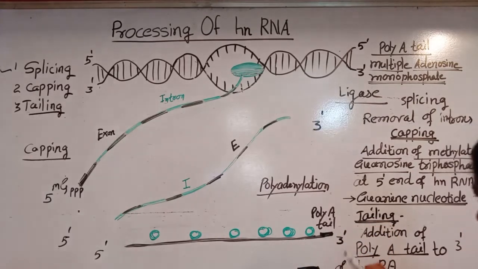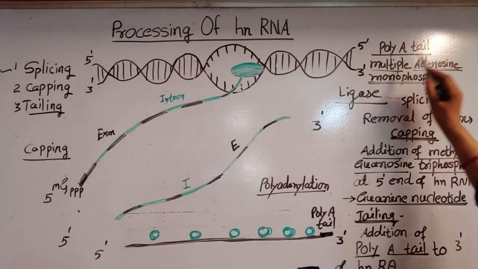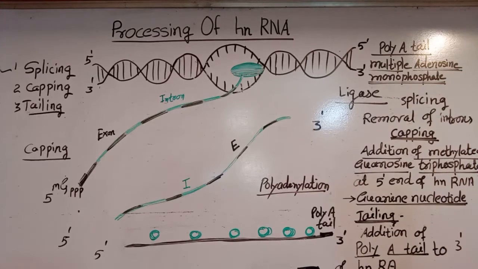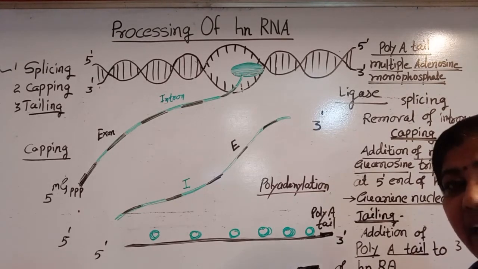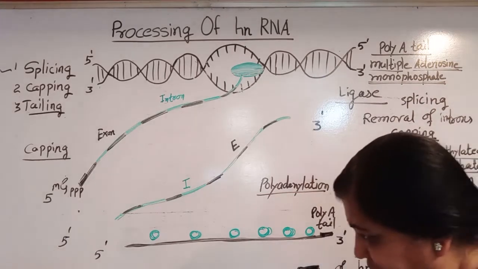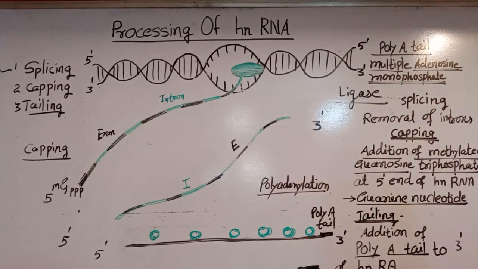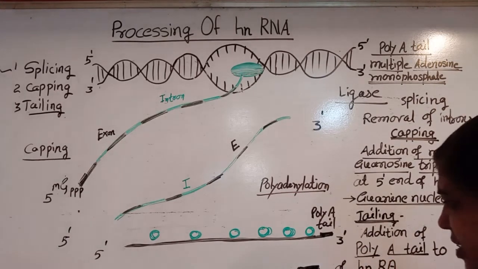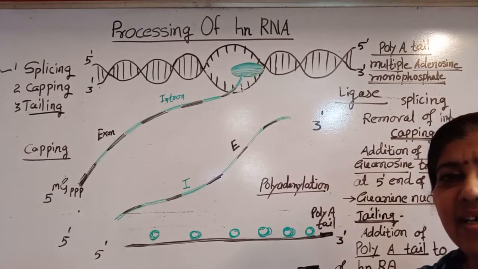Poly-A tail means addition of multiple adenosine monophosphates to the 3 end of hnRNA, and actually this is the stretching of RNA.